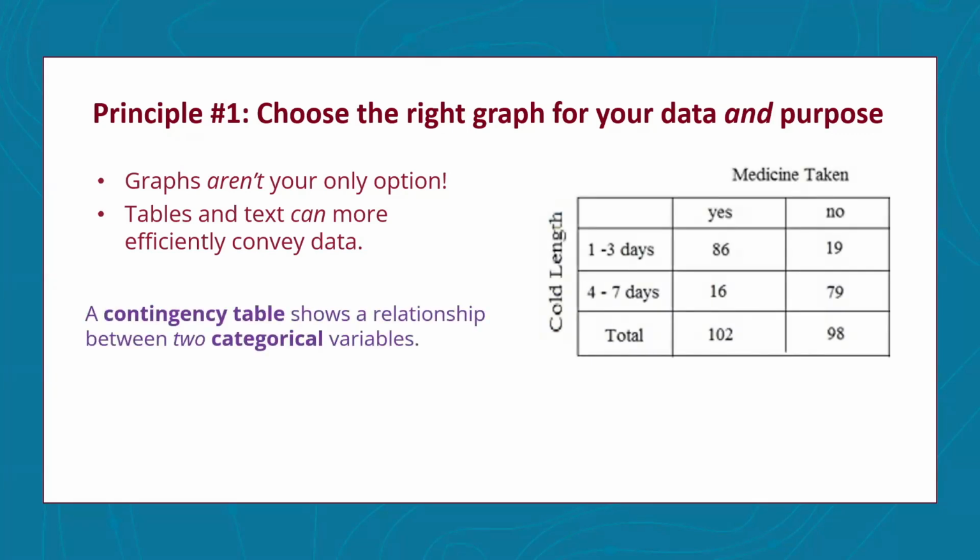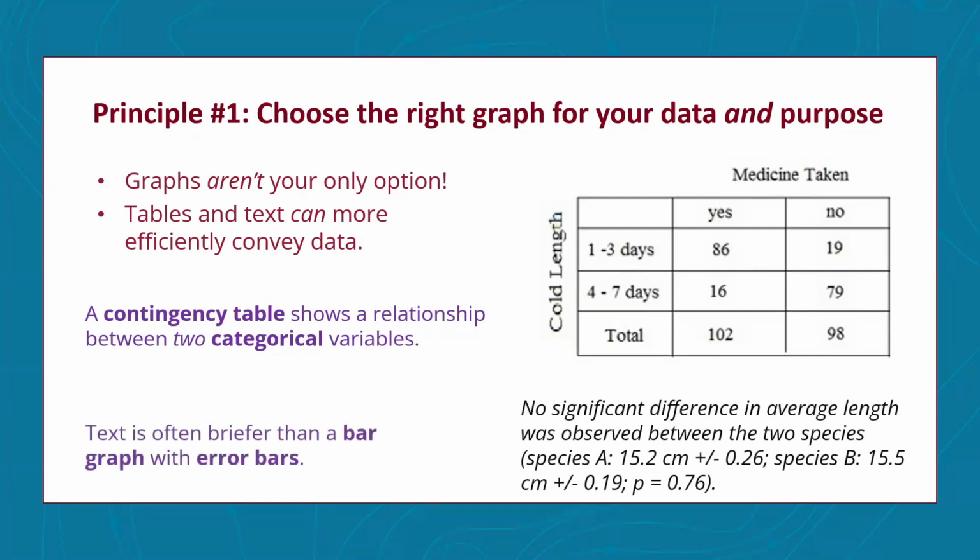For example, here's an example of a contingency table, which is something I mentioned earlier on. This shows the relationship between two categorical variables. Compared to a bar graph, which is what we otherwise might have used to represent these data, or a mosaic plot, or a pie chart, a single six-cell table is probably often going to be just as compelling, but it's a lot more efficient in terms of space.